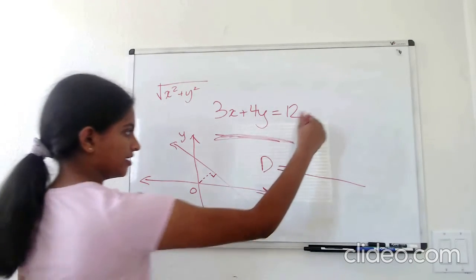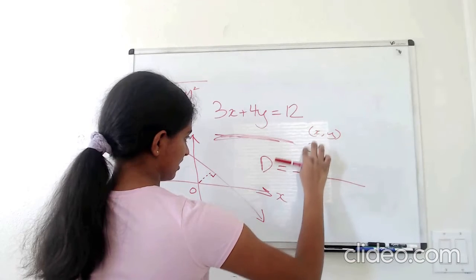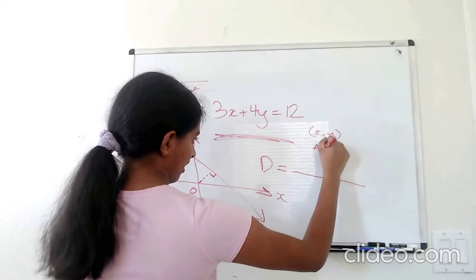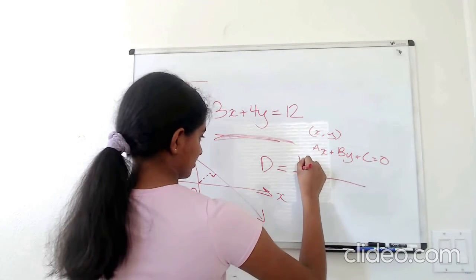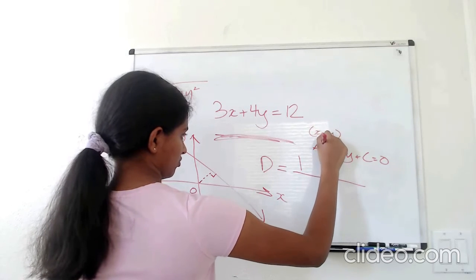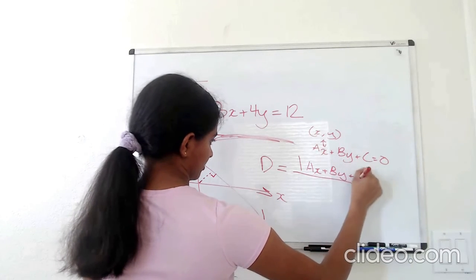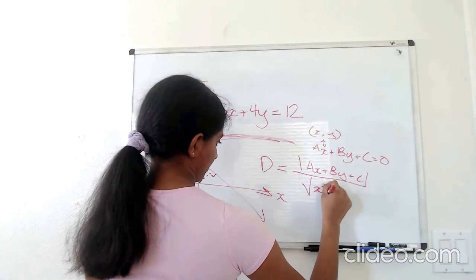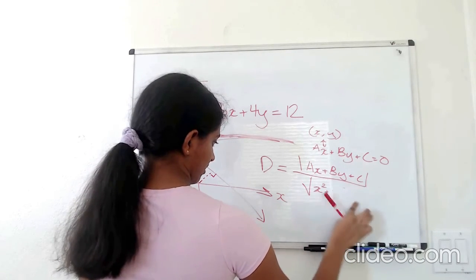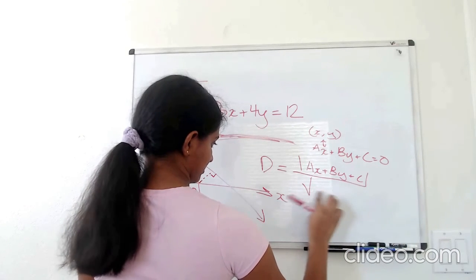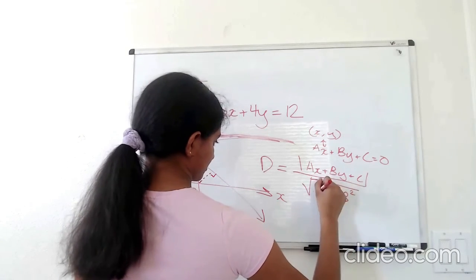It says that for any point x, y, and any line ax plus by plus c equals 0, the minimum distance between these two is going to be the absolute value of ax plus by plus c, all over the square root of a squared plus b squared. Isn't that nice?